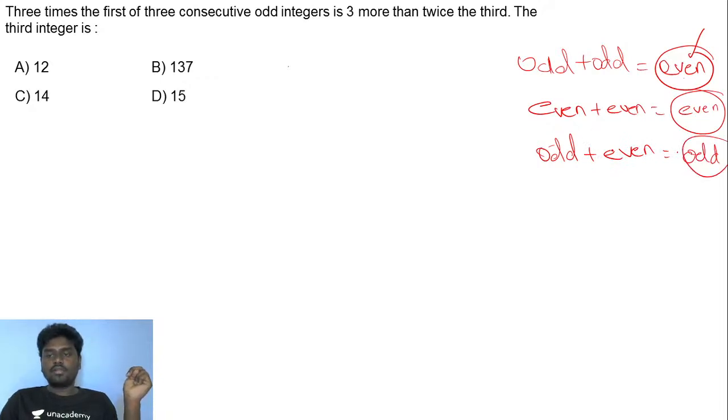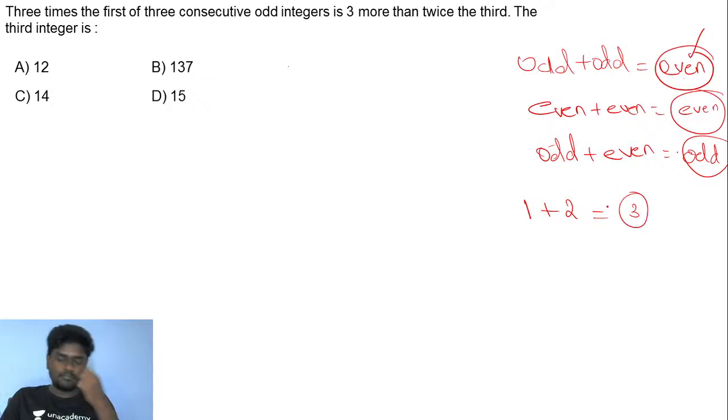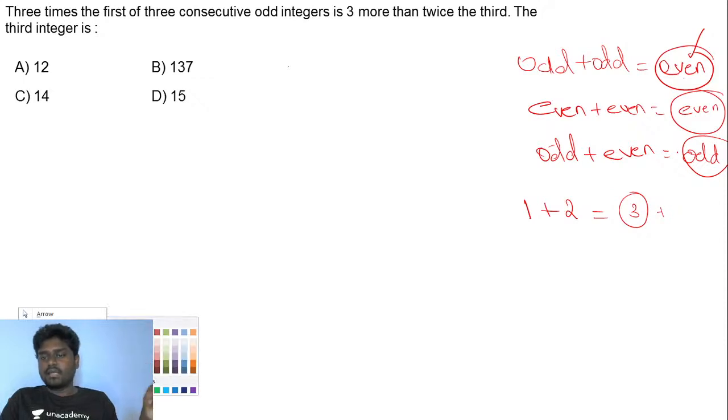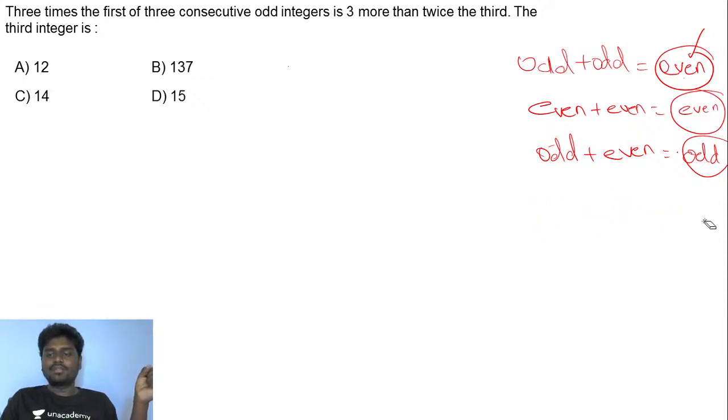Fine. So what you need to do exactly here really matters. Let's say my first odd number is 1. With that, I need to add 2 such that I'll be getting 3, an odd. To this odd, I need to again add an even number. So make sure that for the odd number you have, you add an even number such that you get an odd again.